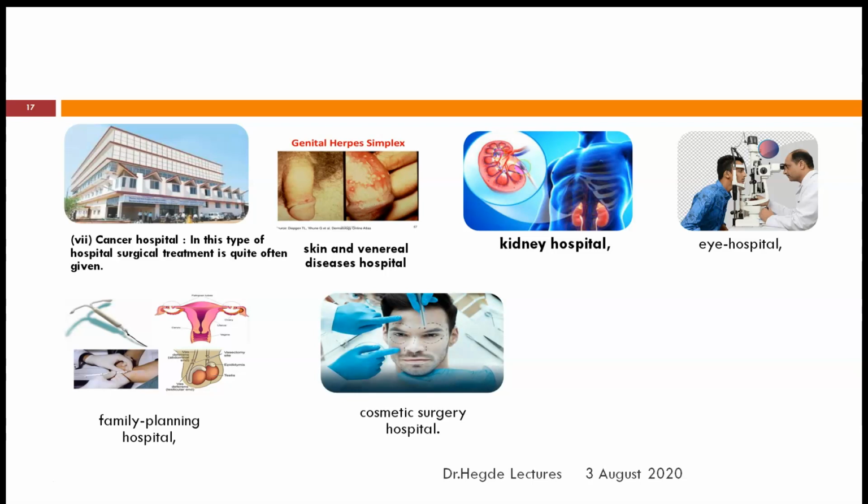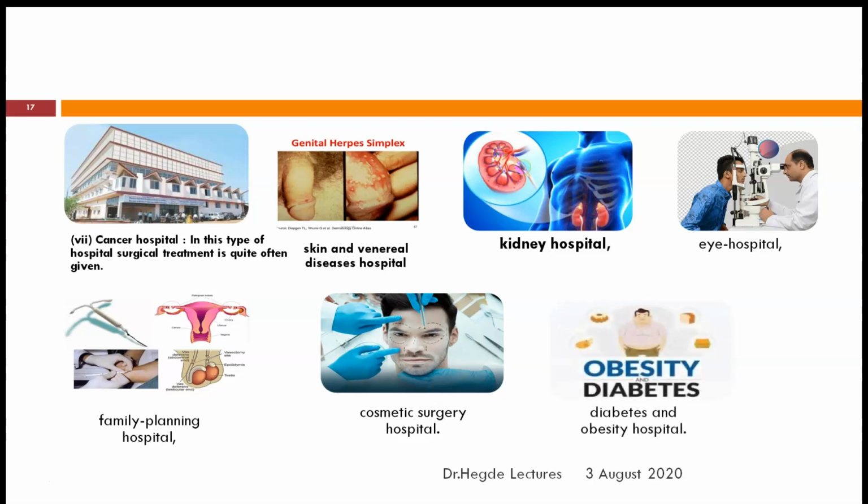And cosmetic surgery hospital, in case of any cosmetic change that has to be made, a cosmetic surgeon may be there for helping with these kinds of things. And lastly, to control diabetes and obesity, which have become a menace to society, the diabetician, or I should say the endocrinologist, will be there for treating such disorders.